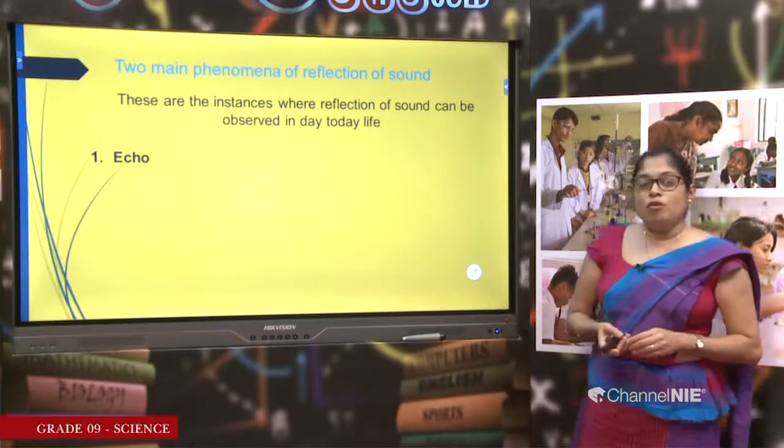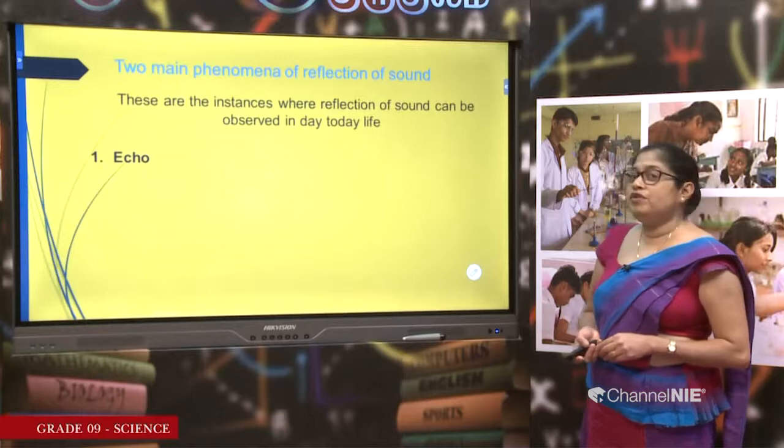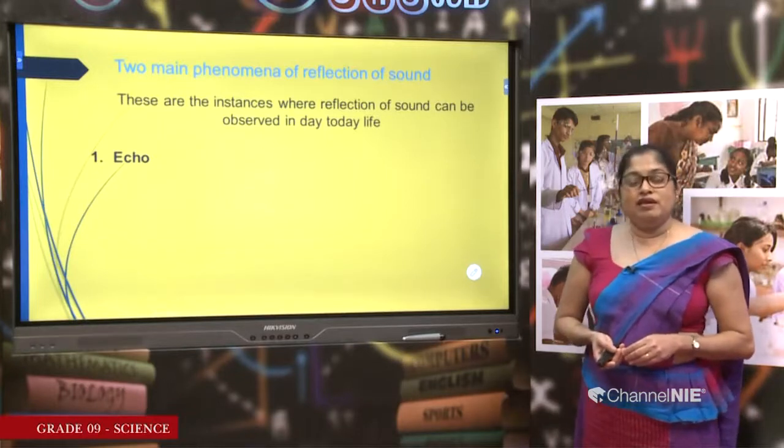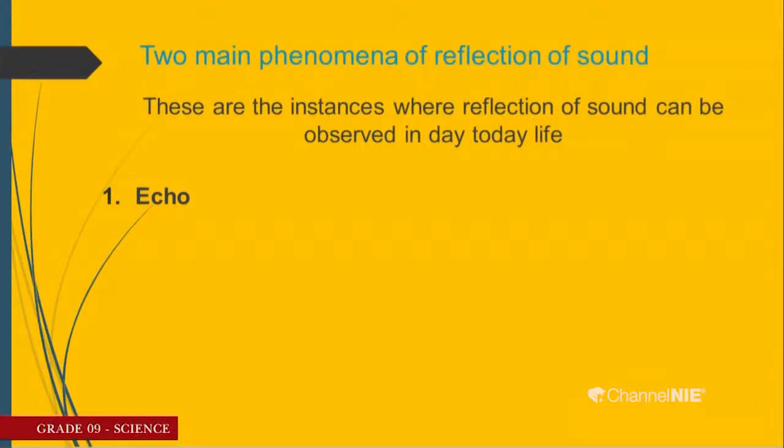Now, we are going to discuss two main phenomena of reflection of sound. They are echo and reverberation. These are the instances where the reflection of sound can be observed and experienced in day-to-day life. Let us discuss echo first.